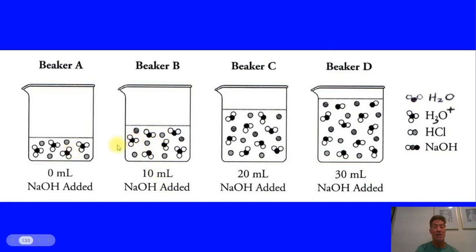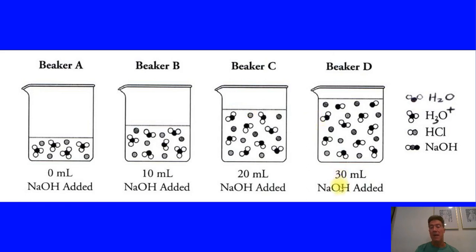So here we have a strong acid. Here we have a weaker acid, but there's still the presence of hydronium. Here we're adding more base, right? And now look, no hydronium. So now it's been neutralized. We have neutralized all of our acid with our base. And so this would be an equivalence point.